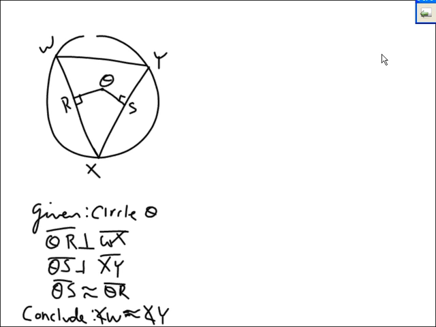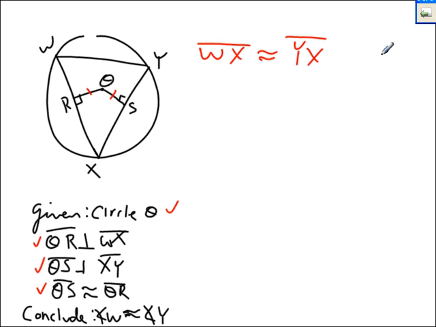So, what do we have here? We're given, so I already marked that down. I labeled the circle O. So what else do we have? We have that OS and OR are the same. So immediately WX is congruent to YX. The two chords have the same length.